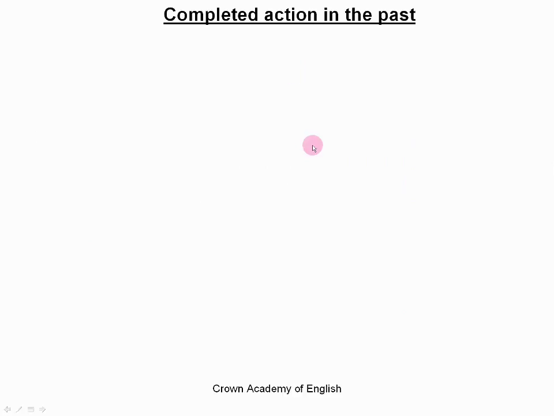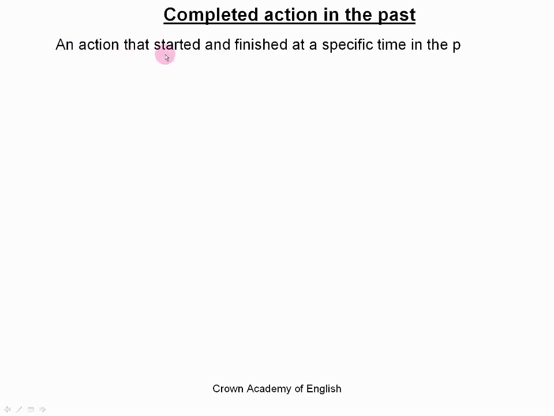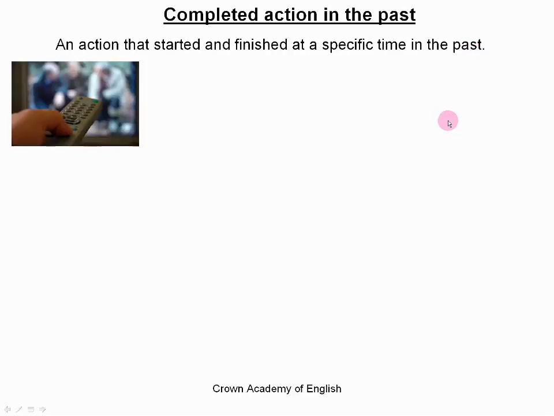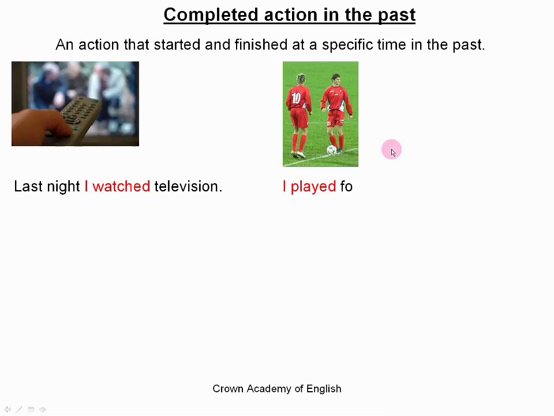So when do we use the past simple? Well, the first use is for a completed action in the past. So an action that started and finished at a specific time in the past. Last night, I watched television. I played football 3 days ago.